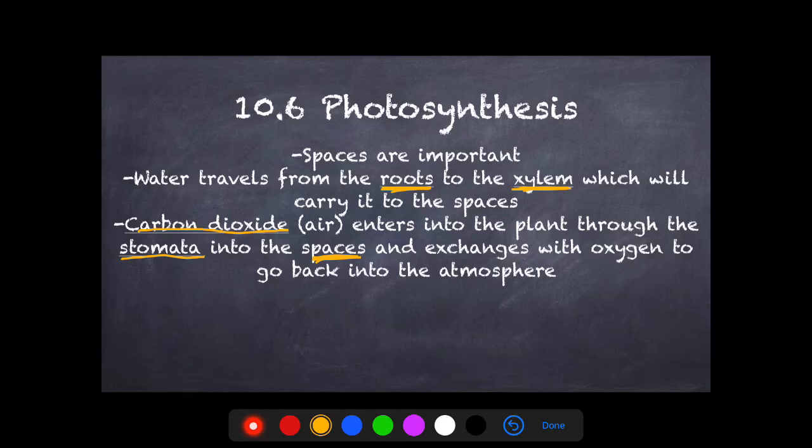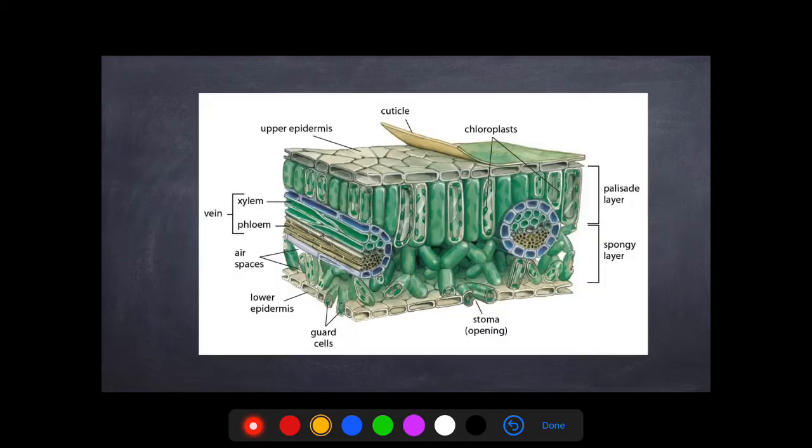So there are spaces in leaves that are beneficial, because they allow other parts of the plant to release certain substances, whether it's water or gas, and that allows an exchange with the environment that is beneficial for the plant and also beneficial for us because we need oxygen.